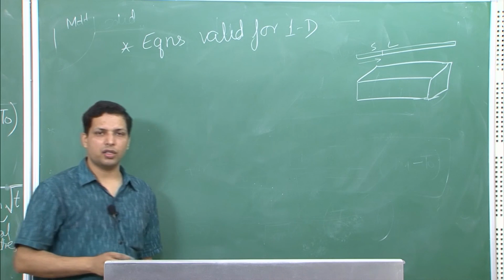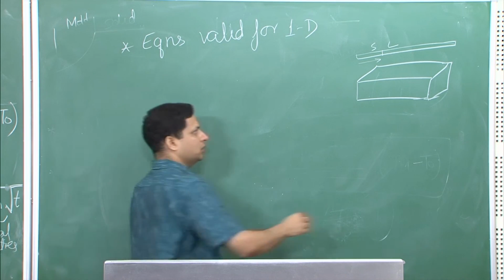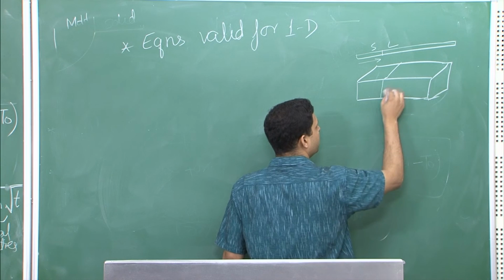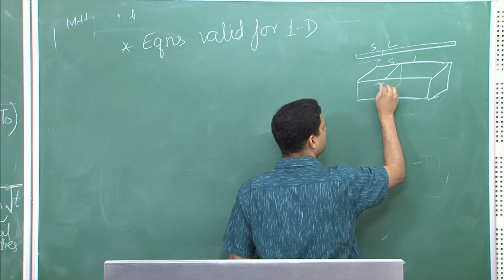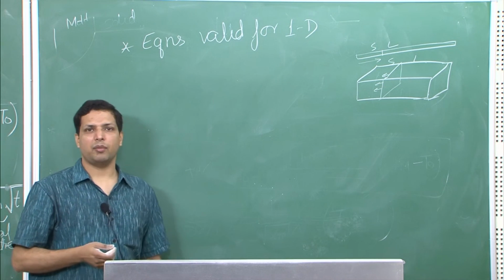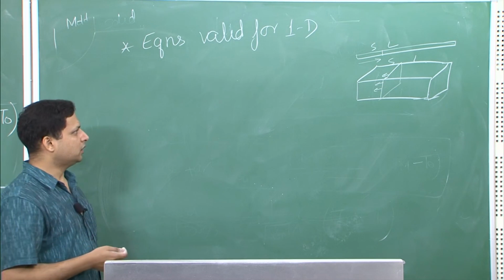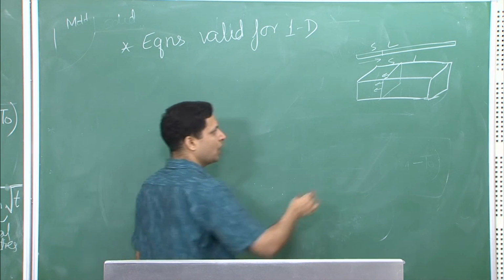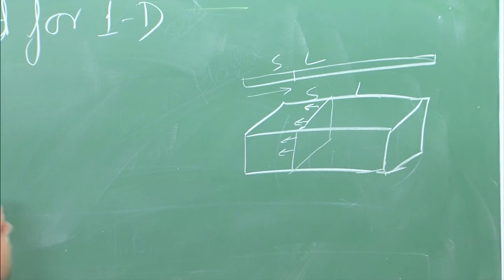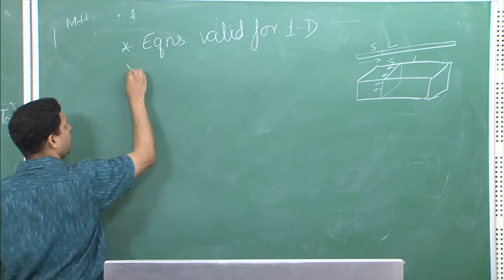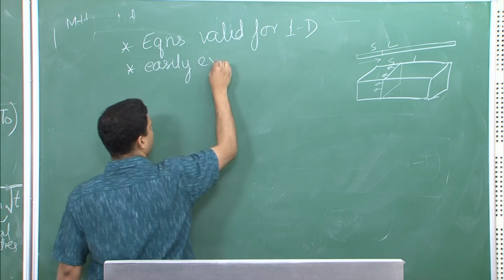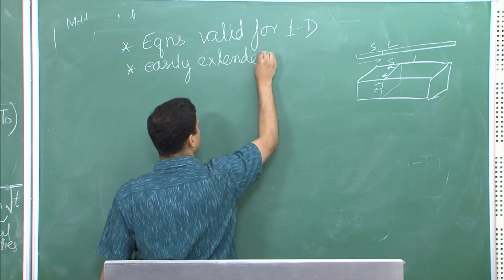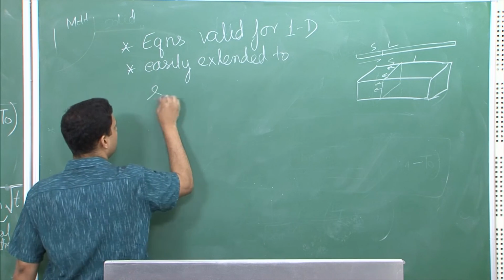The heat flow directions do not change by much, because these are still simple geometry. So if this was the solid part, this was the liquid part, still the heat flow directions remain similar to what we had in a one-dimensional rod. And therefore, the equation that we obtained for 1D can be easily extended to simple 2D and 3D geometry.